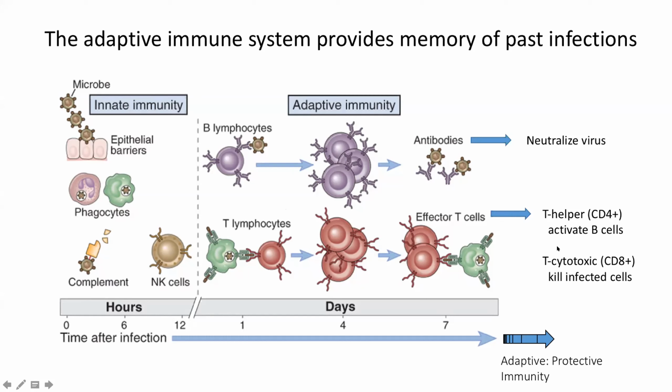The other types of T cells that we're interested in are cytotoxic T cells, and we often call these CD8 positive T cells, and their job is to kill infected cells. This is going to be particularly important in virus infections because viruses have to replicate inside of host cells. All viruses are carrying out their replication cycle inside of host cells.